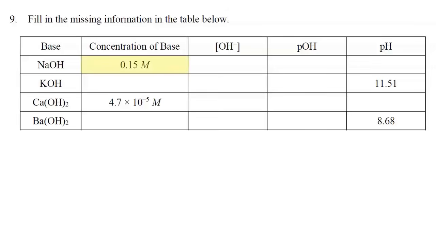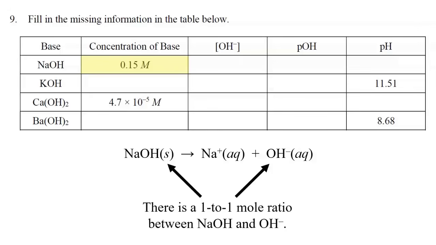We are given that the concentration of sodium hydroxide is 0.15 moles per liter. Now, because when solid sodium hydroxide dissolves in water, there is a 1-to-1 mole ratio between NaOH and the hydroxide ion, then it is going to be the same as the concentration of the base. So the concentration of hydroxide is also 0.15 moles per liter.